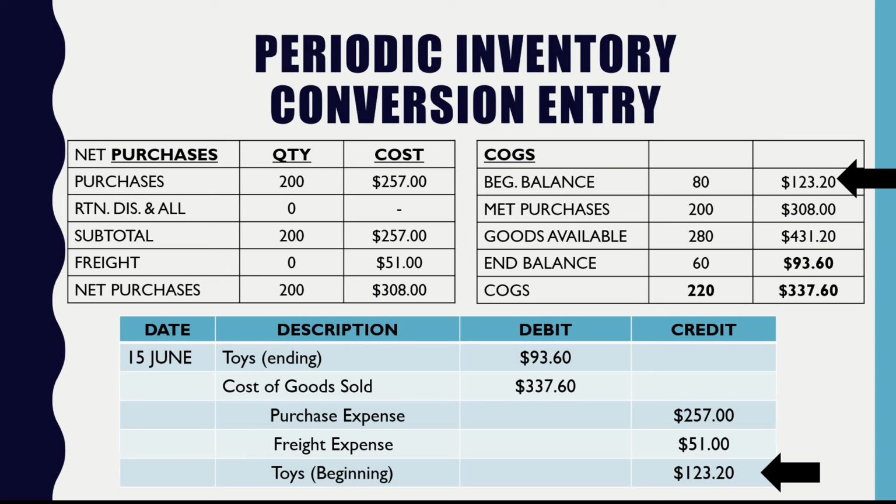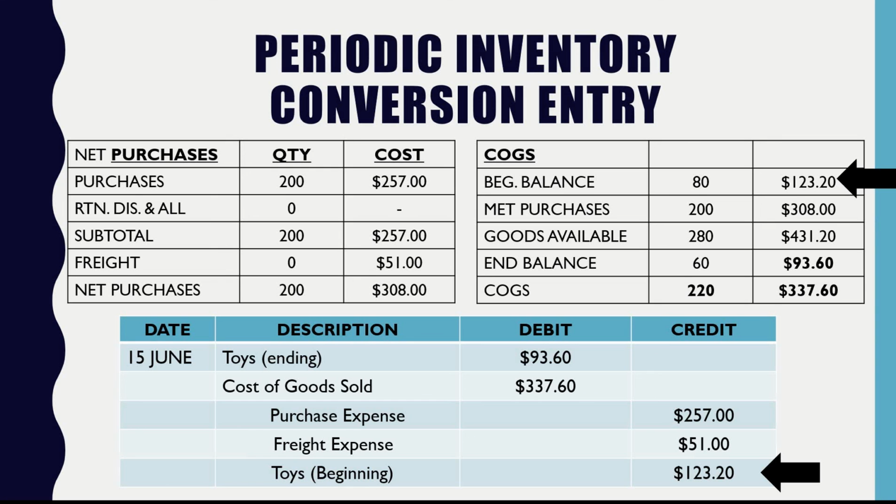We have beginning inventory. Just exactly how Nathan was asking, when we have the beginning inventory, what do you do with it? That's exactly what this journal entry is telling you. When we look at our total batches of inventory, we made our purchases, we have our freight expense, and we also need to include our beginning inventory.